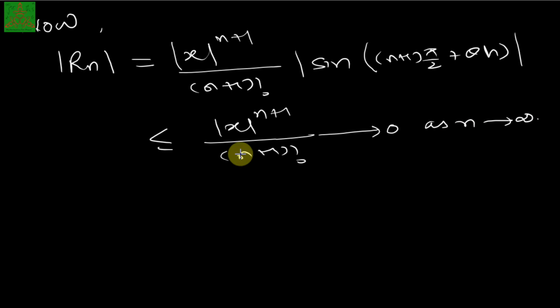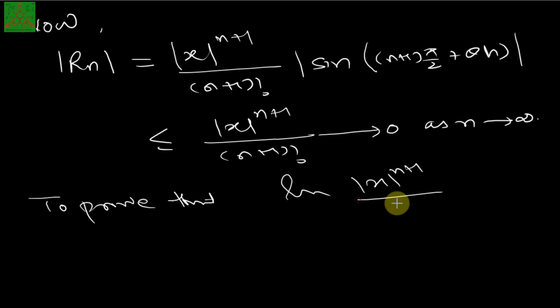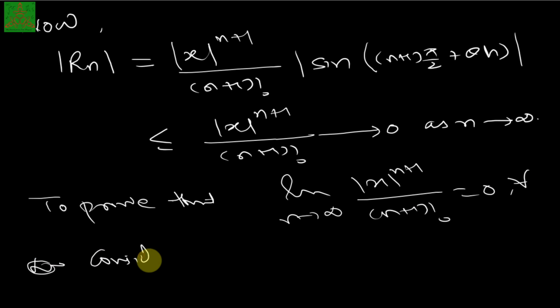To prove that this quantity tends to 0, that is, the limit of the mode of x^(n+1) upon (n+1) factorial is 0 for every x as n tends to infinity, let us consider the summation of x^n upon n factorial, n running from 0 to infinity.